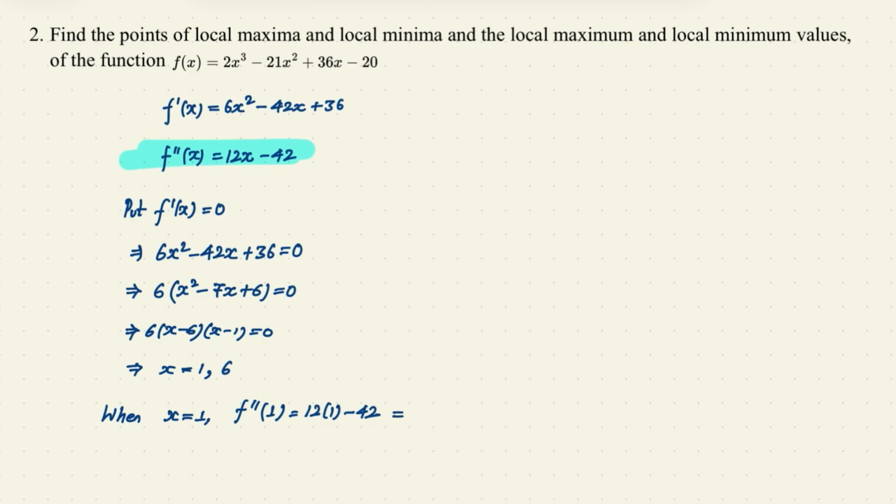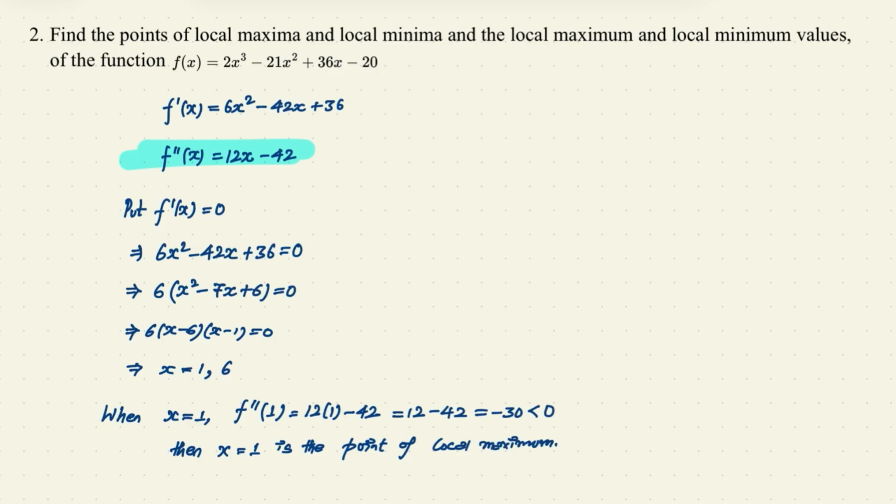So it will be equal to 12 minus 42, which is equal to minus 30, and this is less than 0. That means if this value is less than 0, then x equals to 1 is the point of local maximum.